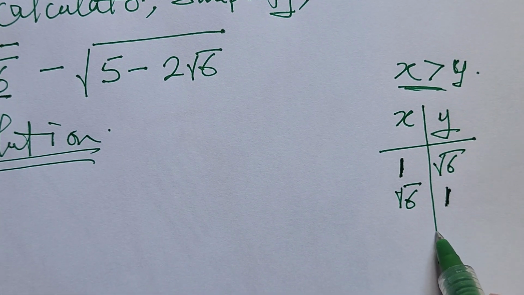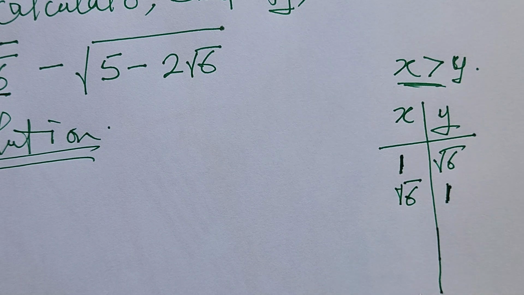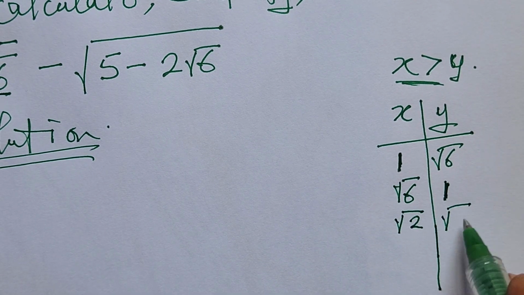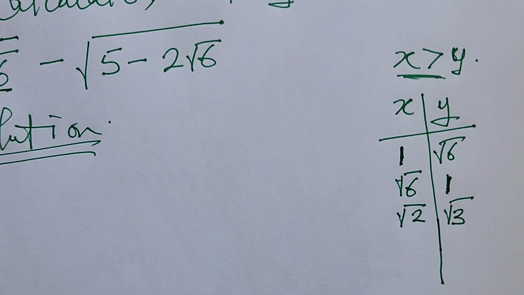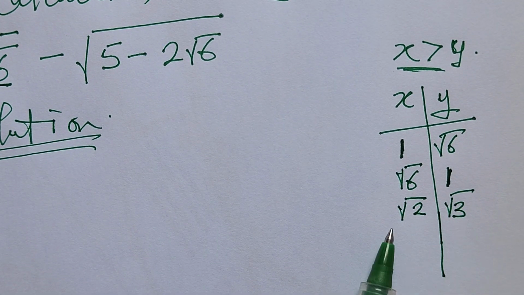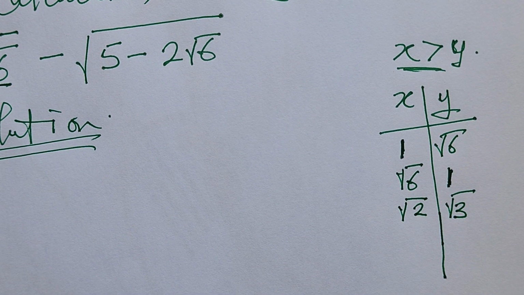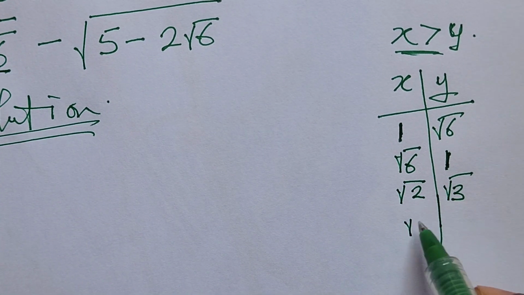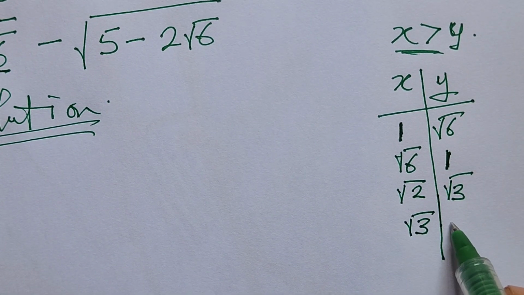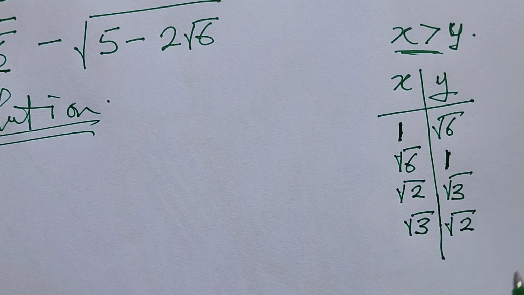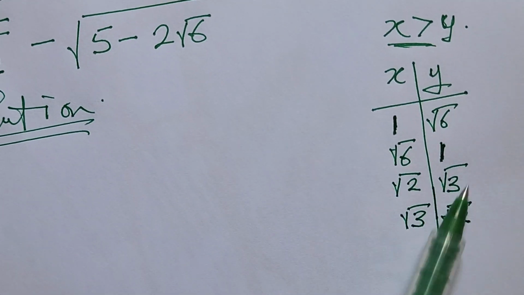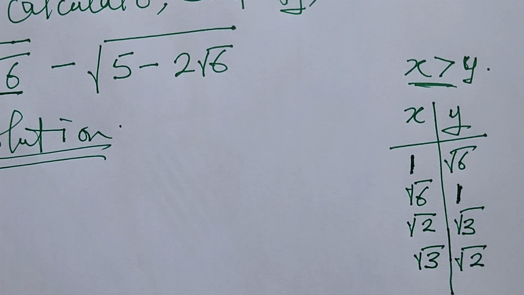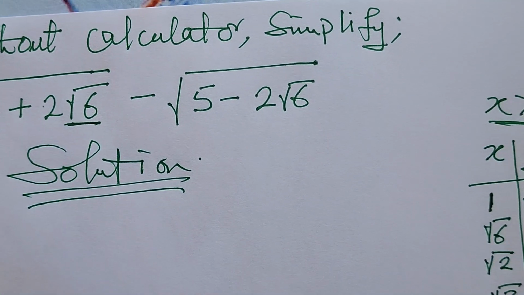Again, we can also get root 6 from the square root of 2 and the square root of 3. If we multiply these, this will give us the square root of 6. We can also vary this to give us the square root of 3 times the square root of 2. So either of these factors, when multiplied together, will give us root 6.